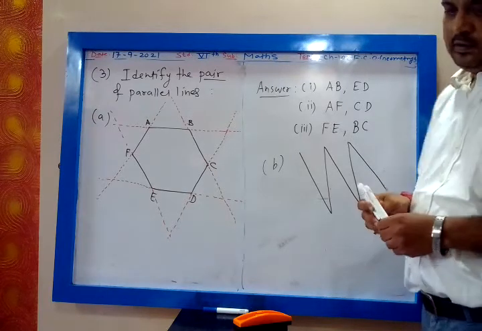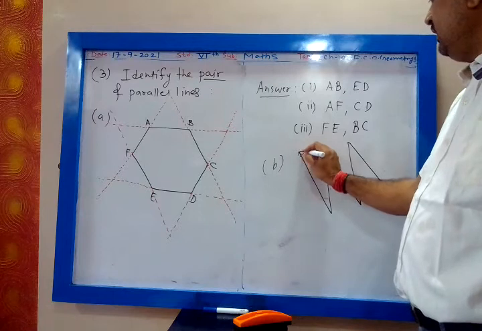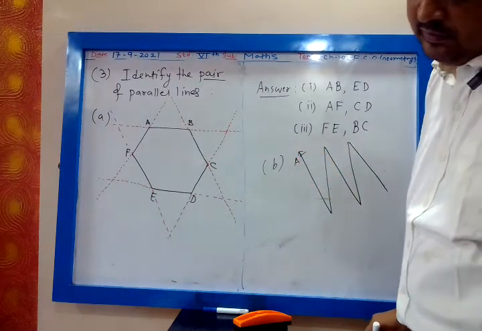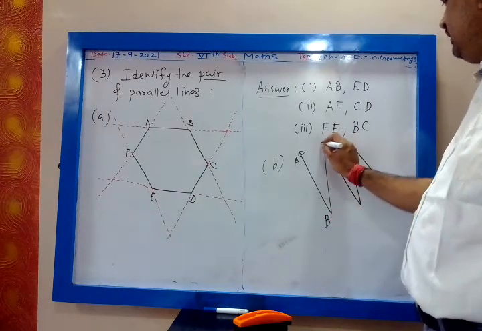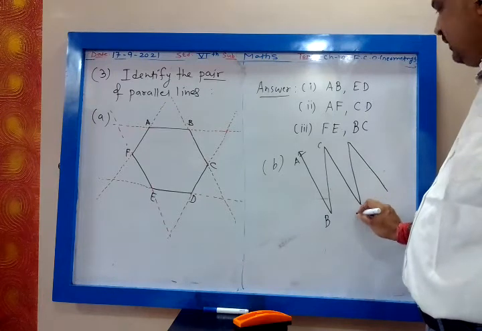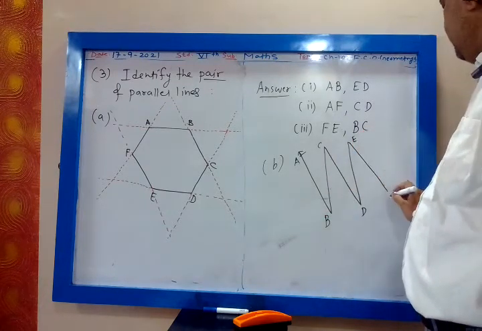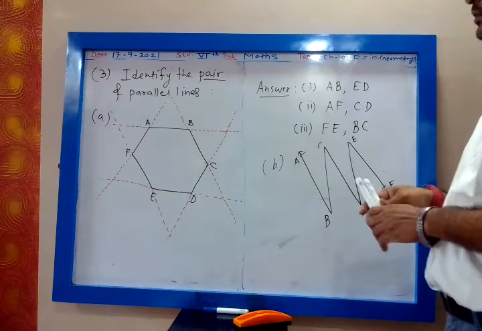Okay, it is given A, B, C, D, E, F. Draw the dotted line and then only you conclude.